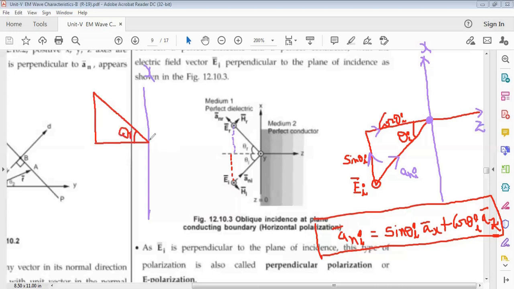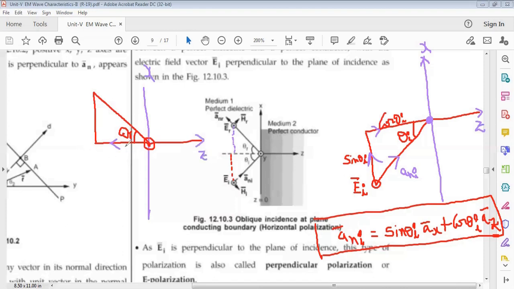So the reflection starts from here itself and travels in the opposite direction of Z. The Z direction is positive, and now it is traveling in the opposite direction.